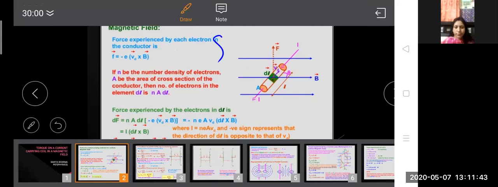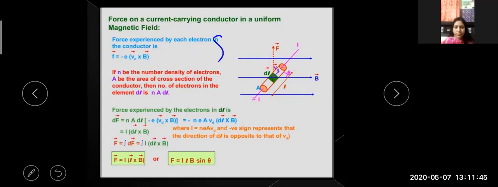So from this, we will get F equal to ILB. So it means that if a linear conductor carrying a current is placed perpendicular to the direction of magnetic field, it experiences maximum force, right?